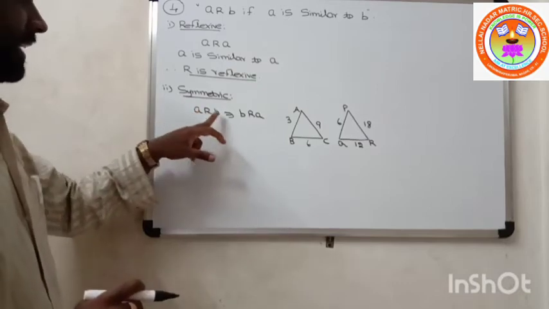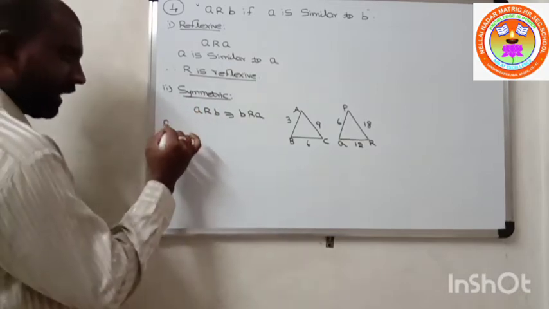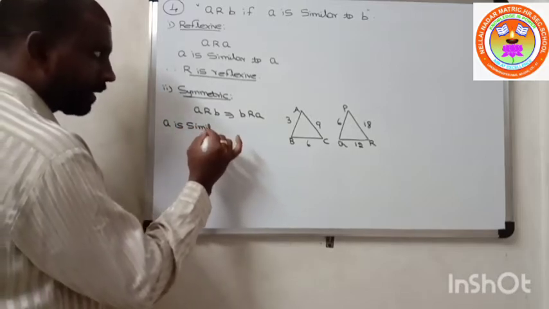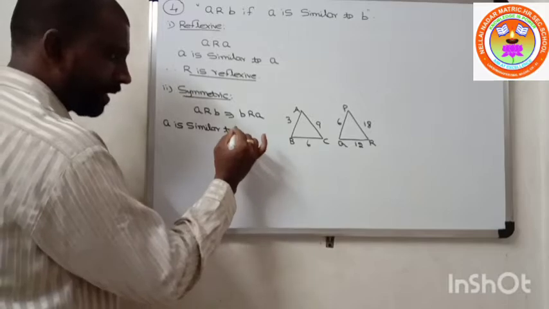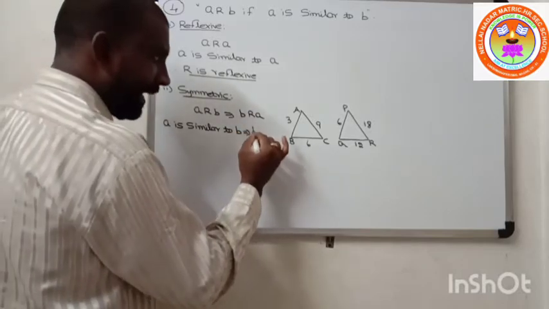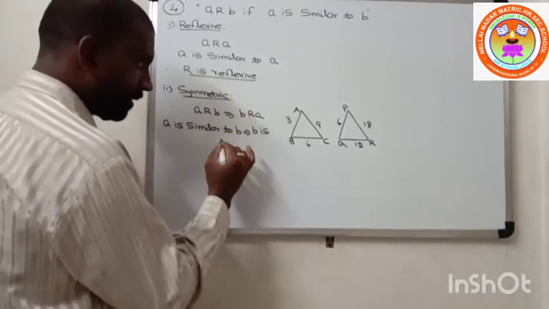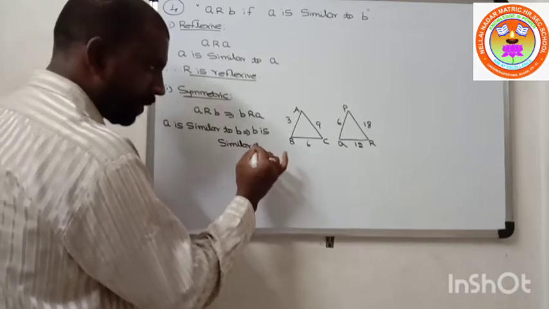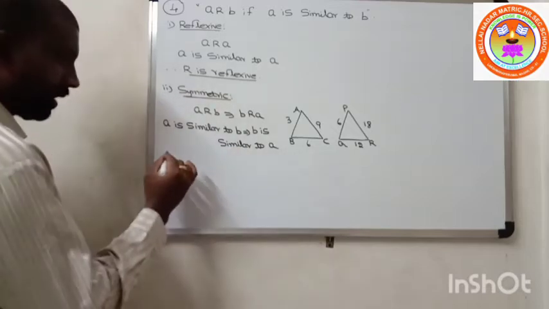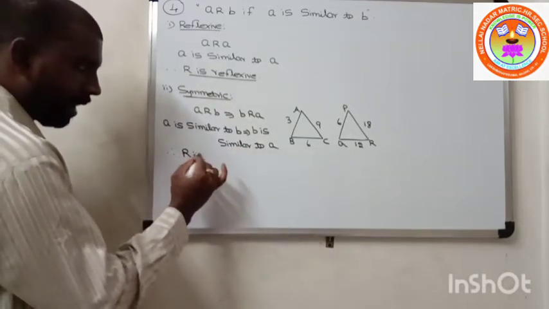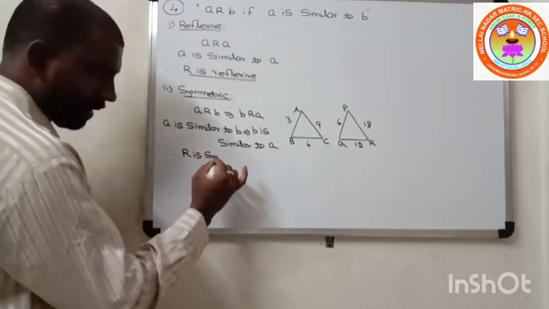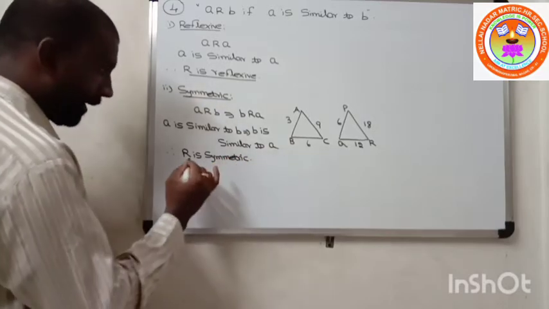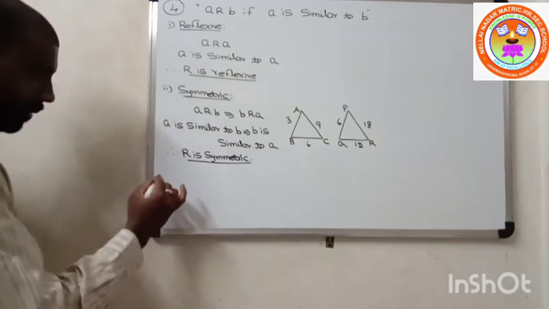A related B, A is similar to B. B related A, B is similar to A. Therefore, R is symmetric.